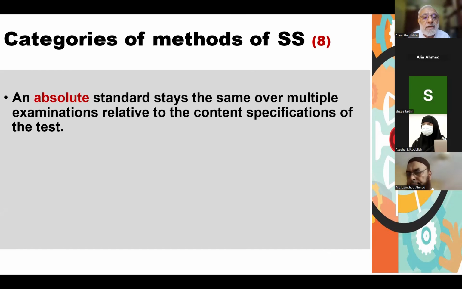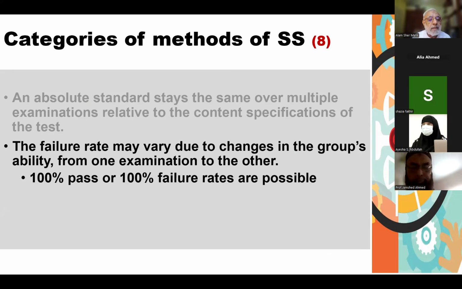An absolute standard stays the same over multiple examinations relative to the content specification of the test, and the failure rate may vary due to changes in the group's ability from one examination to the other. So in criterion reference, it's possible that 100% of students may pass or 100% may fail, depending upon whether they meet the criteria.